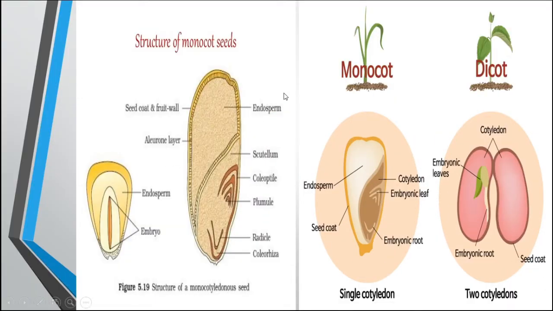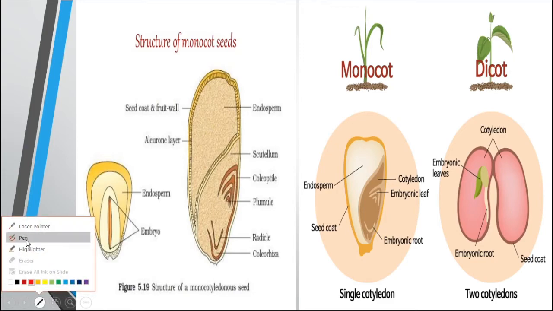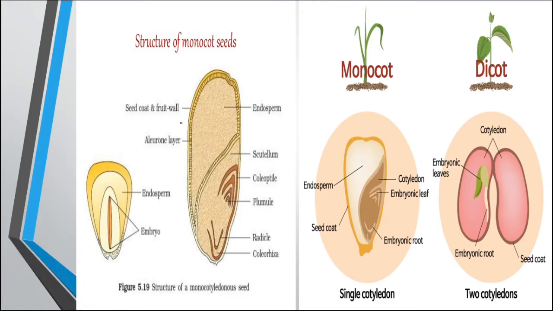This slide is showing the structure of the monocot seed as well as a comparison between the monocot and dicot seed. In this structure of the monocot seed, this is the outer seed coat. This portion is known as the endosperm, which is lined by this aleurone layer made up of protein.